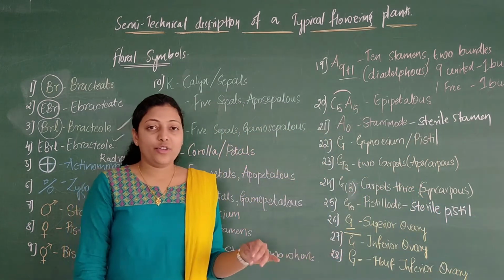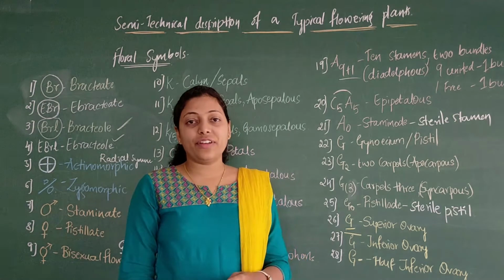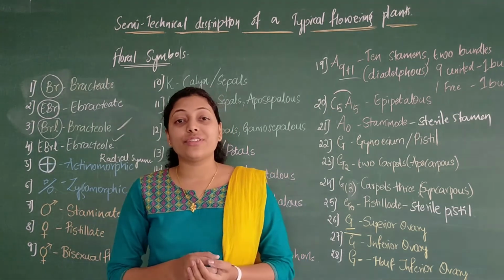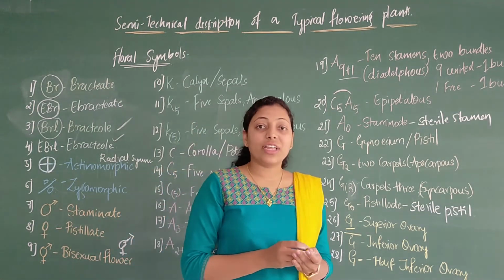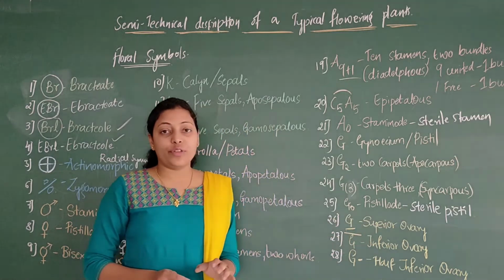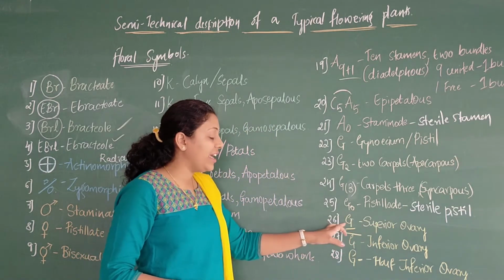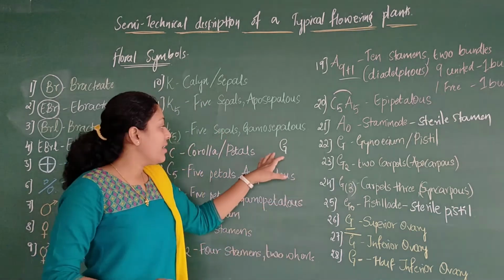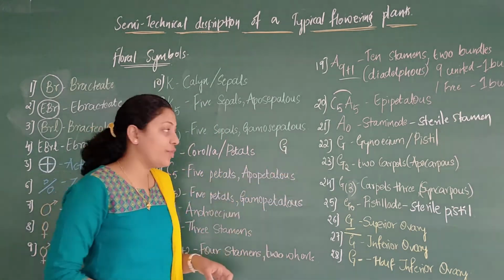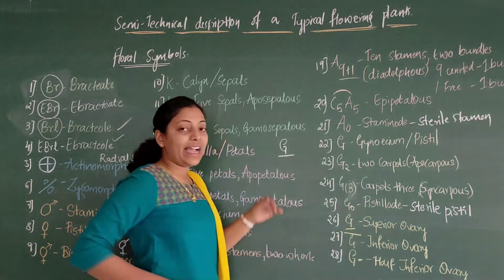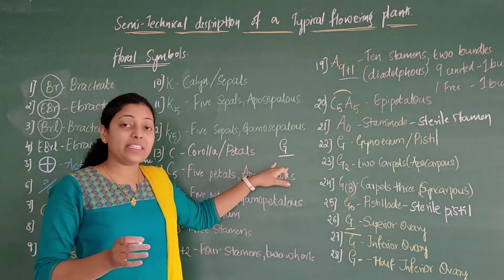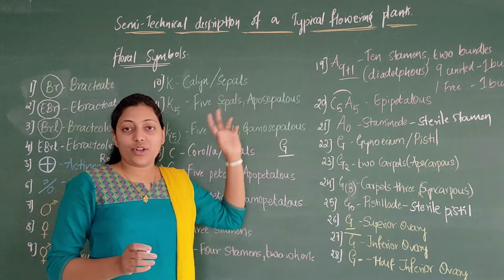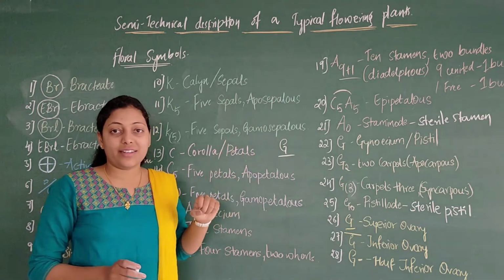Then we all know that there are three different kinds of ovary based on the position of the ovary. First, we get the superior ovary. G is the symbol for the gynoecium, and if we draw a line at the base of the G, it means that it is a superior ovary, a hypogynous flower.